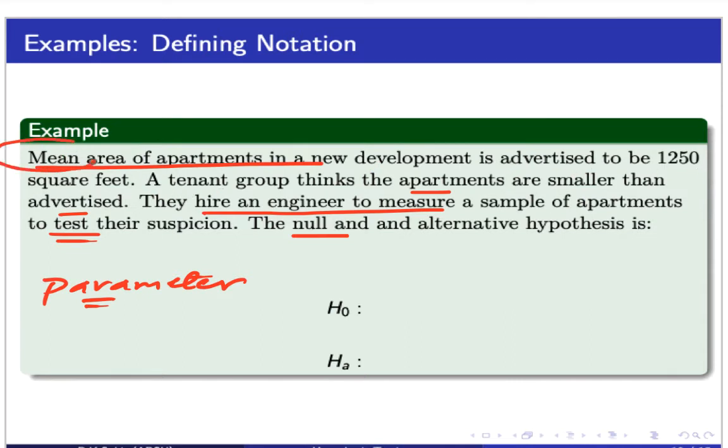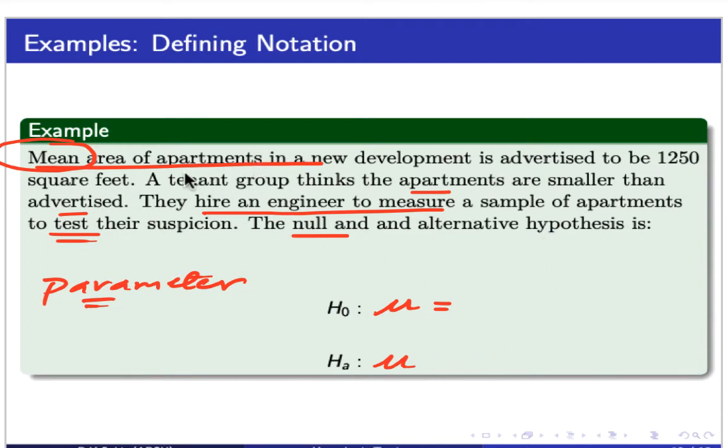The catch is mean. That means my parameter is mu. That's the first thing. Second, the null hypothesis will always have an equal sign. The alternative, we'll read the problem again and we'll know: less than, greater than, not equal to.